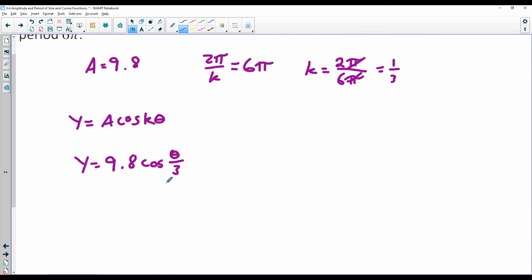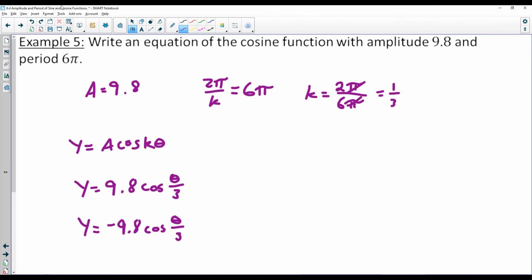Now keep in mind that amplitude is the absolute value, so if we really wanted to, we could also write negative 9.8, just because it didn't specify, and the amplitude could be either one. But that is going to wrap up 6.4.